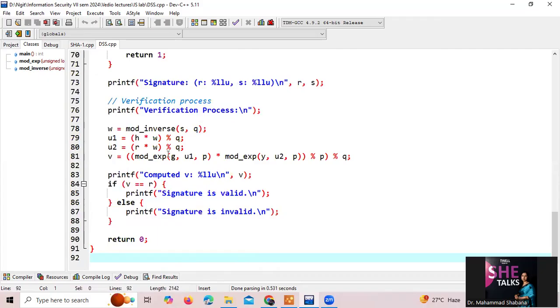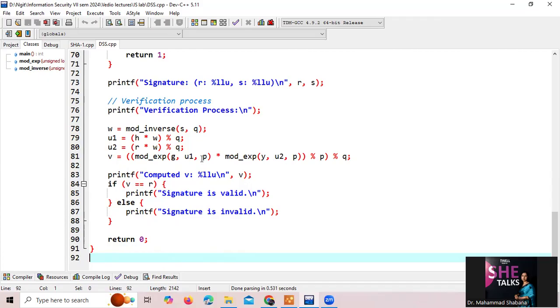We can prompt the user to enter the hash H value. We can generate the random K value here. Then we display the computed signature components R and S.